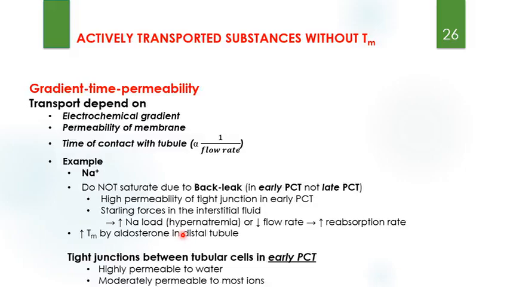This mechanism can change the transport maximum level of sodium. In the early PCT, or proximal convoluted tubule, the tight junctions are leaky and they are highly permeable to water and moderately permeable to most ions.